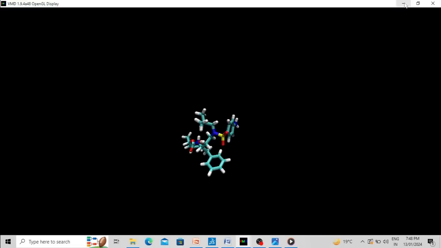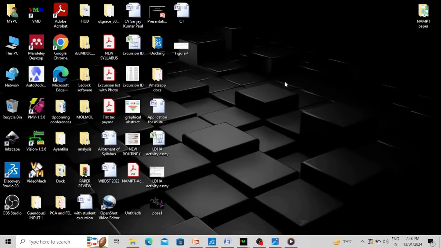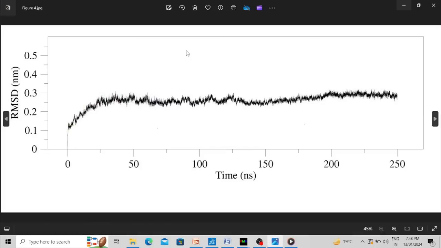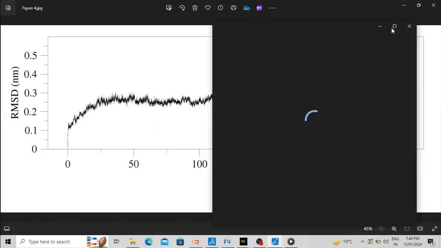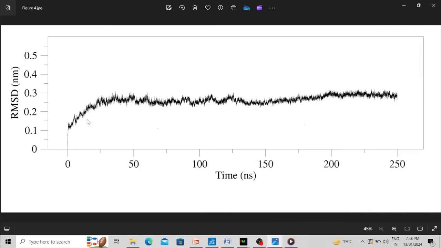I am showing you an RMSD trajectory. So you can see, this is an RMSD trajectory of one chemical compound. Initially, its RMSD was 0 when it is compared with the reference. Then gradually its RMSD is changing, and after some time, approximately after 10 to 20 nanoseconds, its RMSD becomes stable.